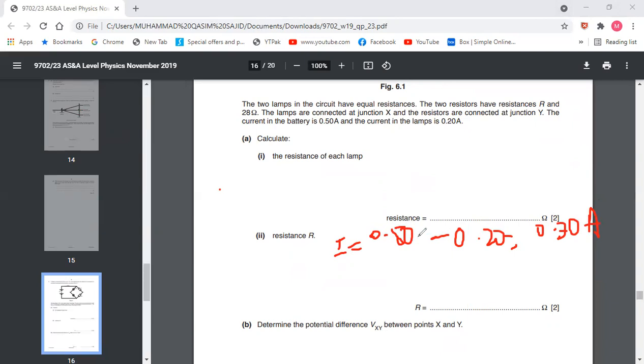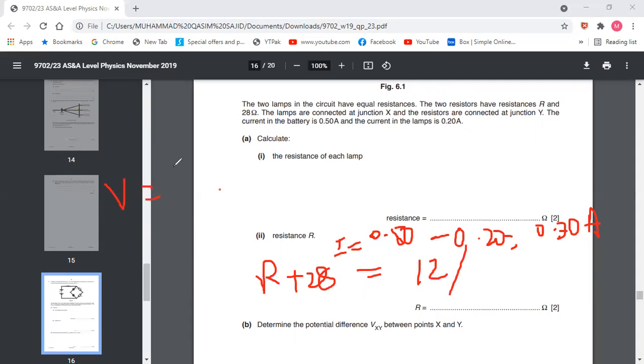Now the second resistance is given as 28. The value of V is 12.